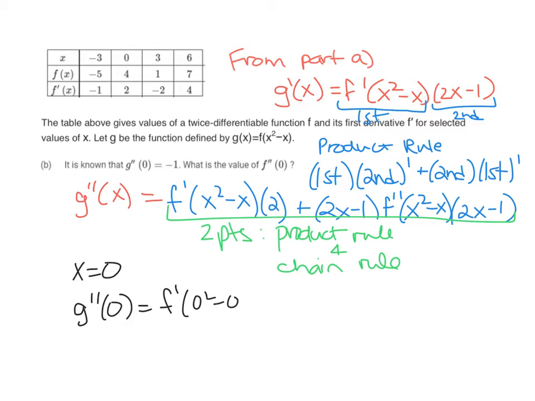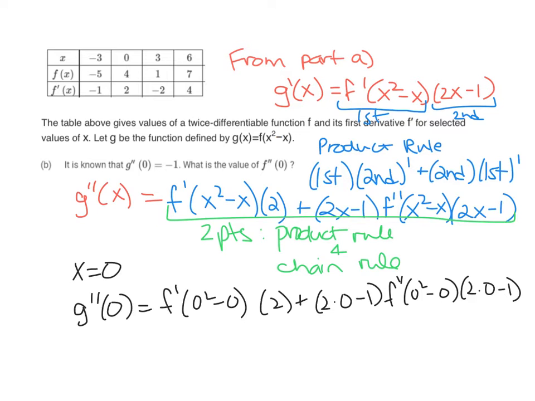So 0 squared minus 0 times 2 plus 2 times 0 minus 1 multiplied by f double prime of 0 squared minus 0 times 2 times 0 minus 1. So next step, I'm going to simplify everything out. You're welcome to replace the g double prime of 0 right now if you want to.